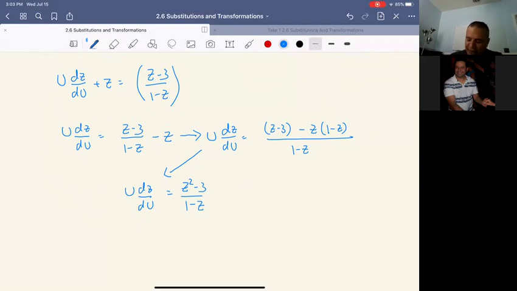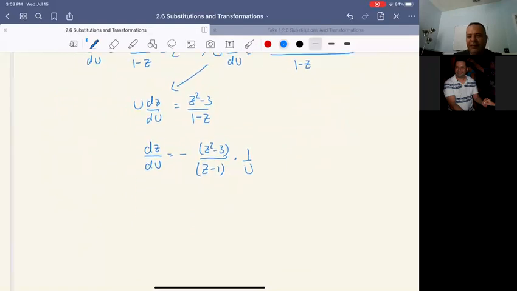Okay. So now, once we have z squared minus 3 over 1 minus z, let me write this instead like this: dz over du equals negative z squared minus 3 over z minus 1 with a 1 over u.